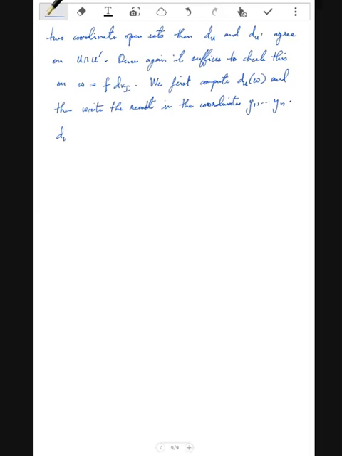So d_U of f dx_I is equal to summation j equal to 1 to n df by dx_j, dx_j wedge dx_I.